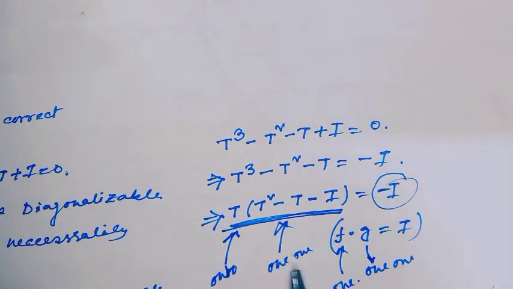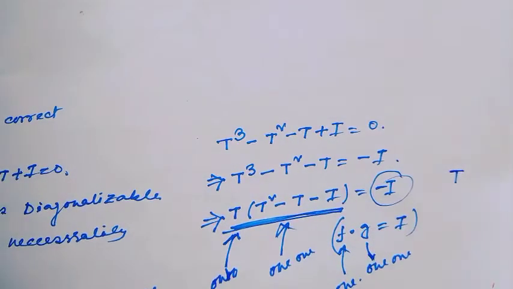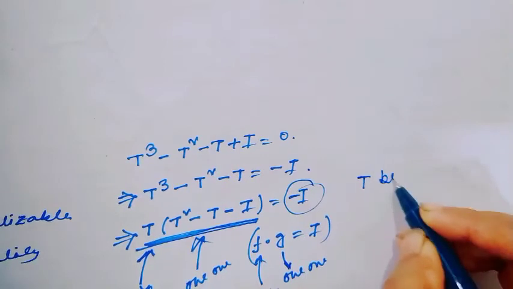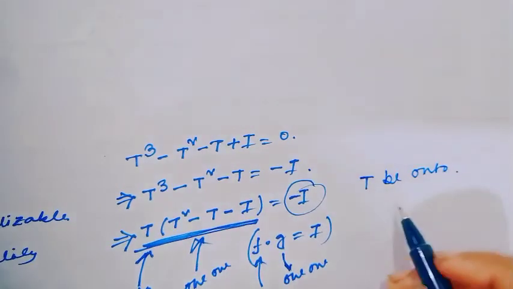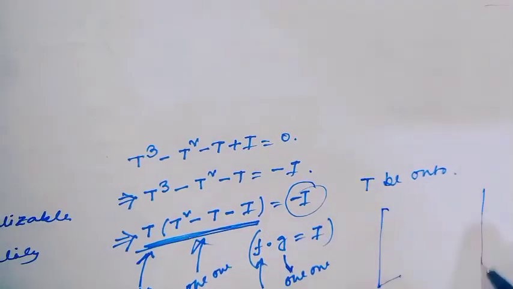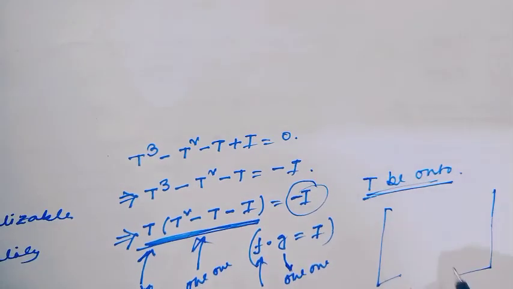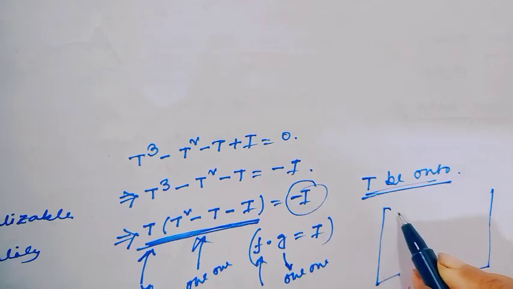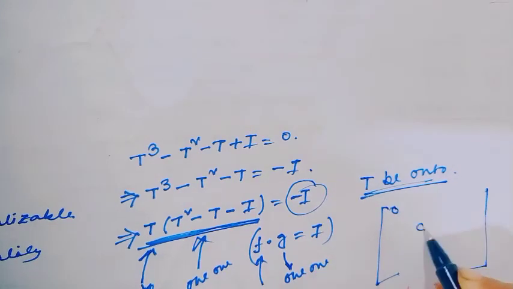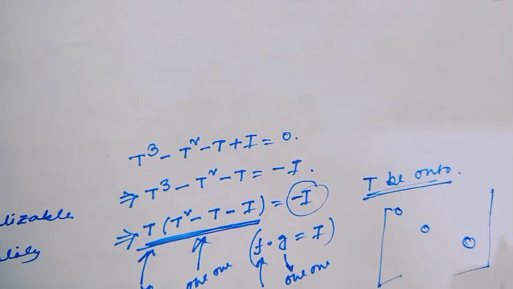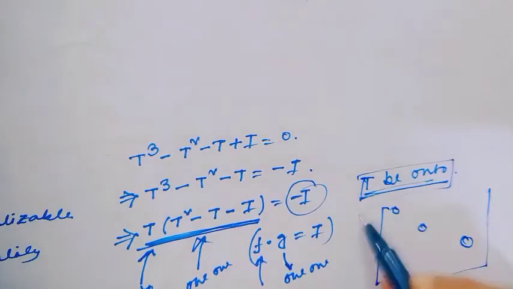Since the linear transformation T is onto, in the matrix representation of this operator, every column has a pivot because T is onto.